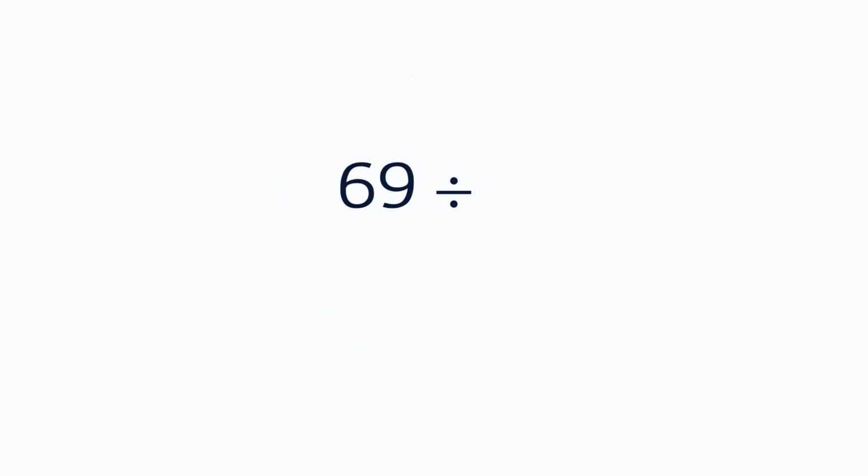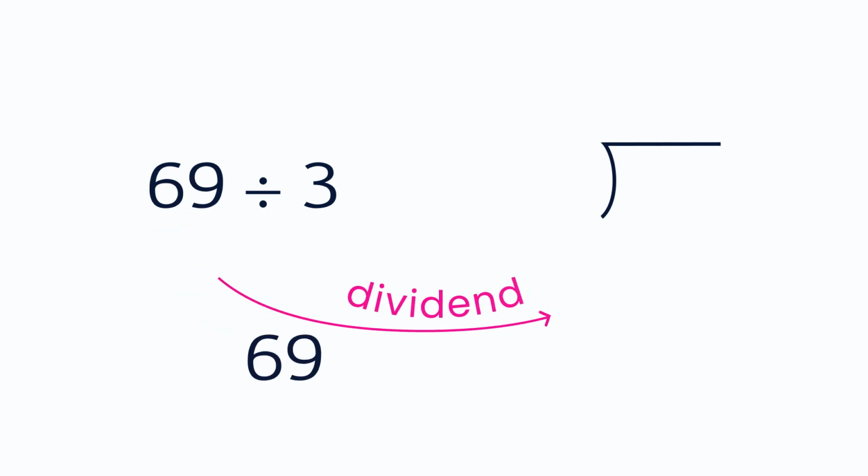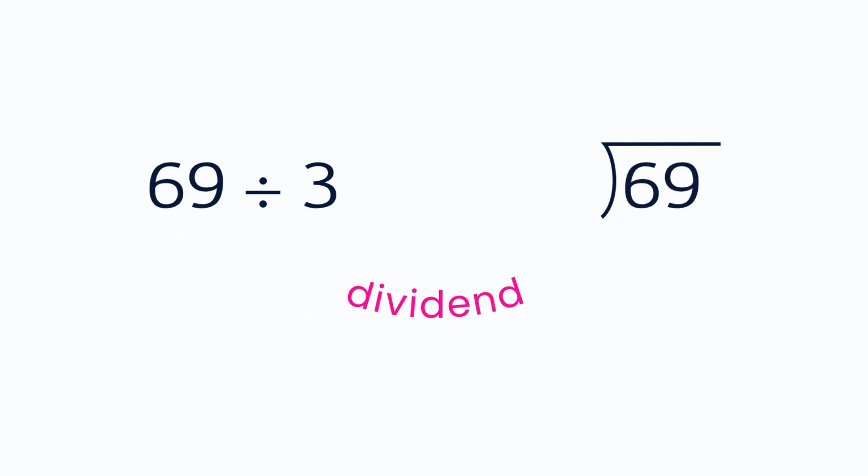Let's take a look at this division problem first. 69 divided by 3. You will now learn how to arrange it for long division using this symbol. So first, the dividend, that is, the number being divided, goes underneath the line. In this case, the dividend is 69.